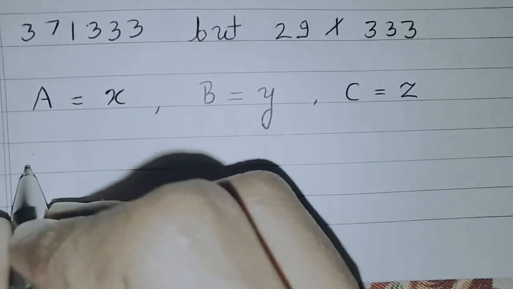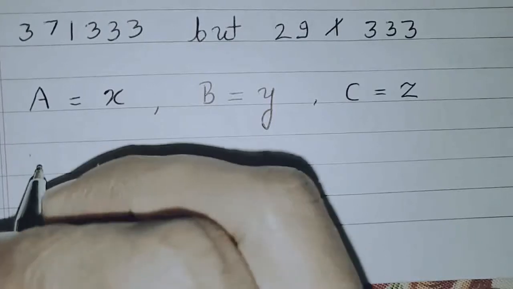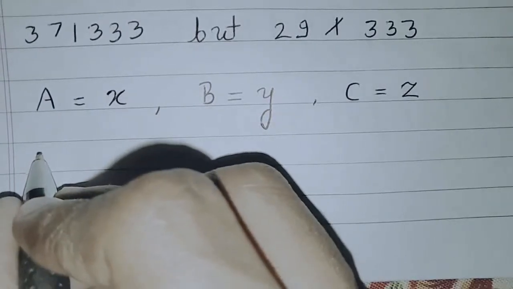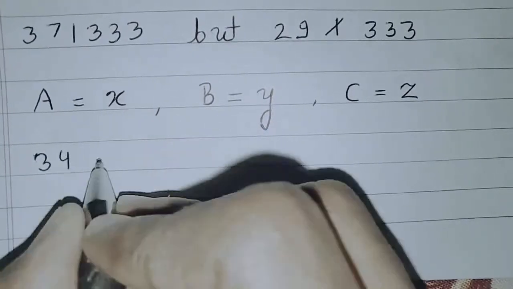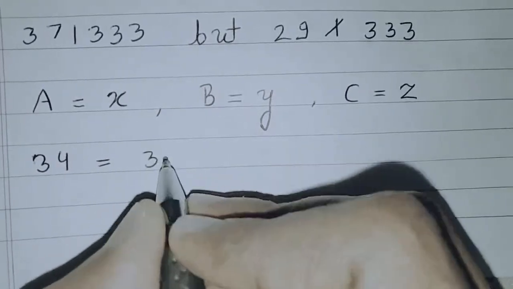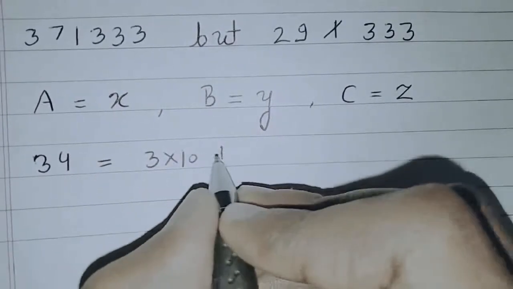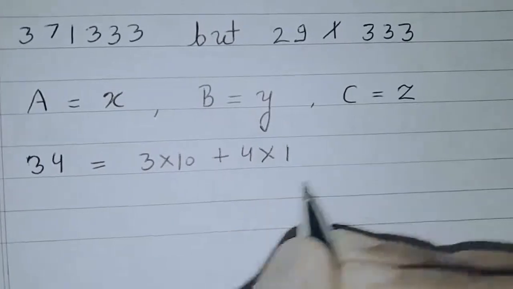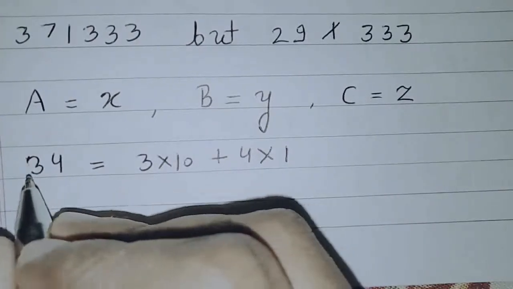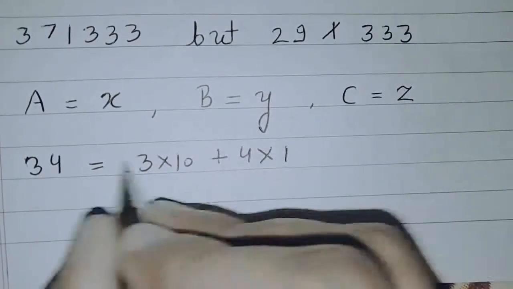Now you know that if you are given, say for example, any number, say 34, then you can write it as 3 into 10 plus 4 into 1. This is just an example to explain how we can write a number in this form.